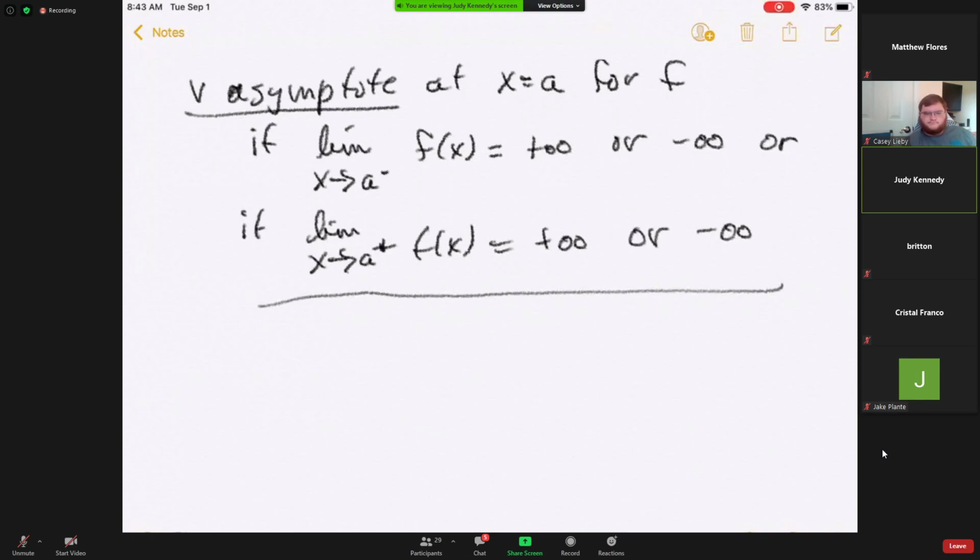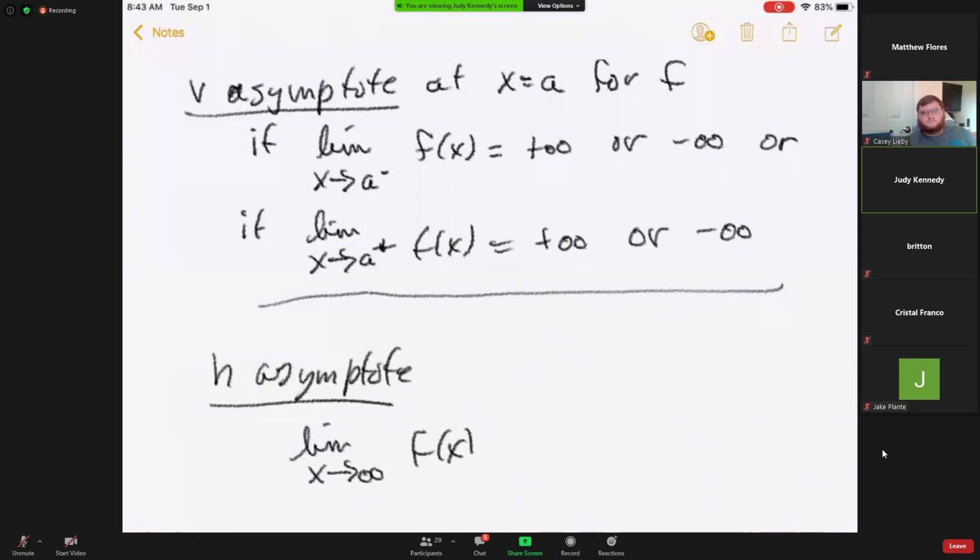For horizontal asymptotes, you're looking at just two limits. The limit as x approaches infinity of f of x.